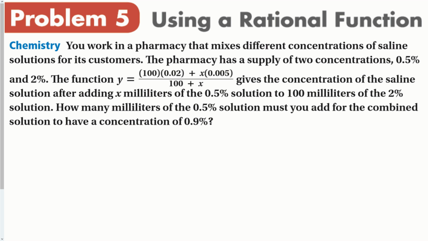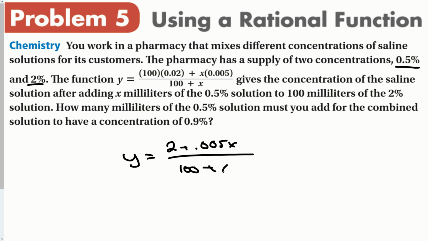All right, last thing is a word problem. This is actually the easier problem. You work in a pharmacy that mixes different concentrations of saline solutions for its customers, and the pharmacy has a supply of 2 concentrations, 0.5% and 2%. They give you the function, which is all you really need to solve this problem. So y is going to be equal to 100 times 0.02, which is 2, plus 0.005x over 100 plus x.